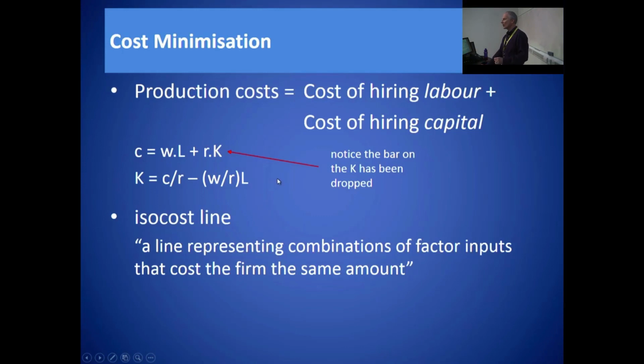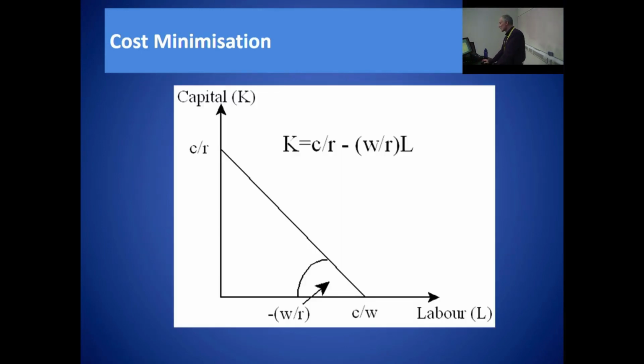What would it look like if we graphed it? Well, remember what's on the axis. It's a relationship between K and L. So that's what you should have on your axis. So, K, capital, labour, L. That's what's on our axis. And I said the ISO cost line, I'll draw it there again for you, was the equation of a straight line. So there you go.